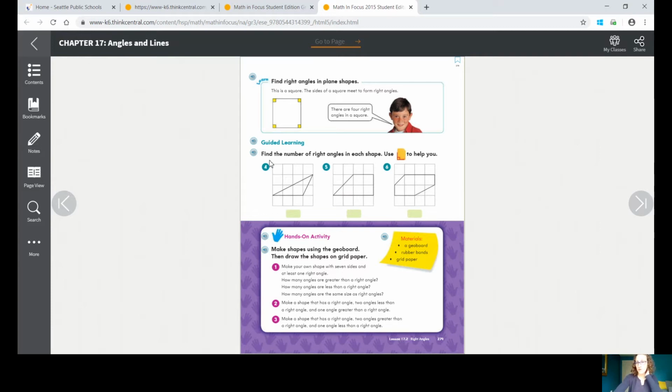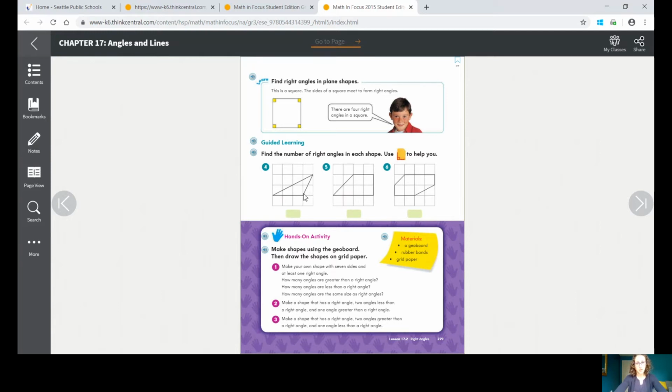Number 4 for guided learning says find the number of right angles in each shape. We're going to use a right angle to help. Go ahead and pause me while you do those 3, and then I will share the answers with you. So find the number of right angles in each shape.